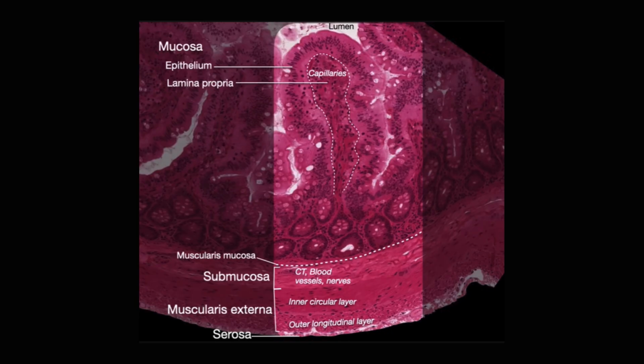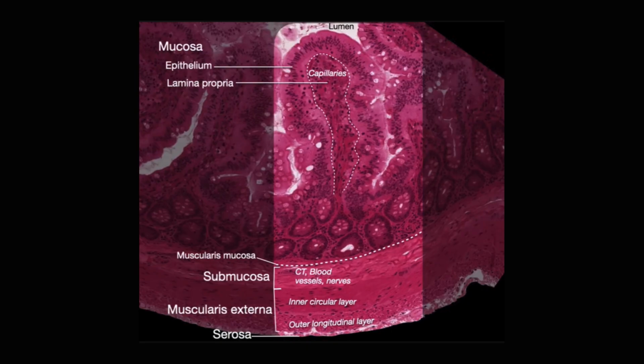Now you can see on a stained sheet of the esophagus the mucosa, and you can see the mucosa splits into the epithelium and the lamina propria. The epithelium will be the outer portion of the mucosa, and the lamina propria consists of the capillaries itself. Now I can see the muscularis mucosa, which is the fence, like I said, which separates the submucosa from the mucosa.